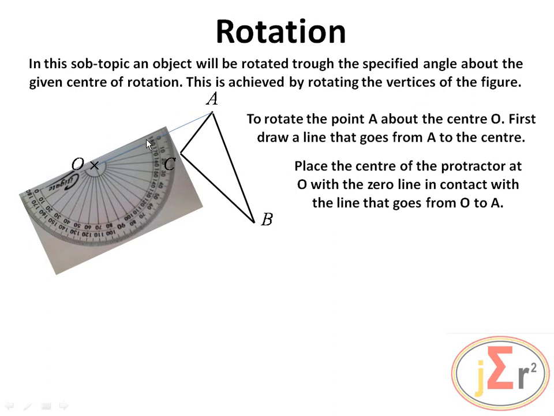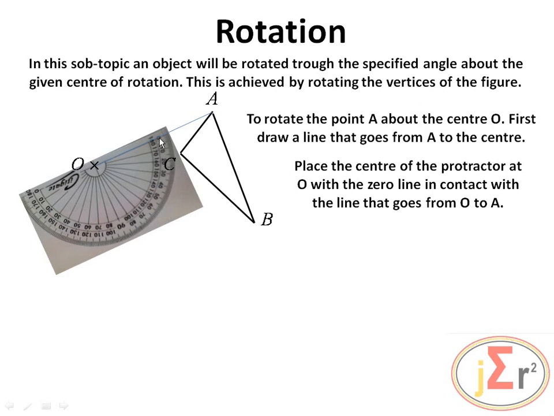Of course, you may look and see this is 180 degrees, but do not forget that your protractor starts at 0 on this side and goes up to 180 on this side, also starts at 0 on this side and goes to 180 on the other side.